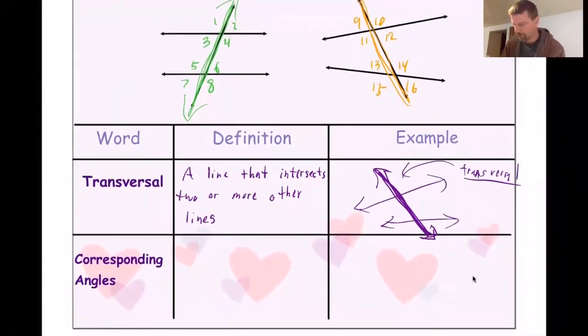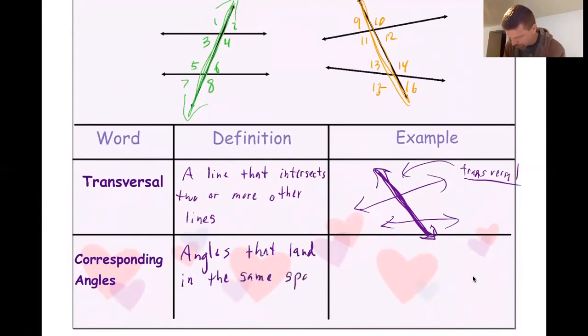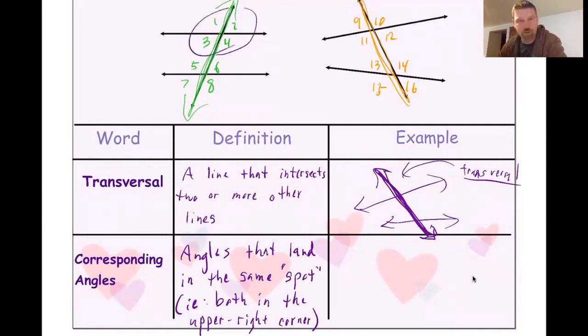So corresponding angles are angles that land in the same spot. So for example, both in the upper right corner. All right, so like if I look at this, there's 4 angles there and 4 angles there.